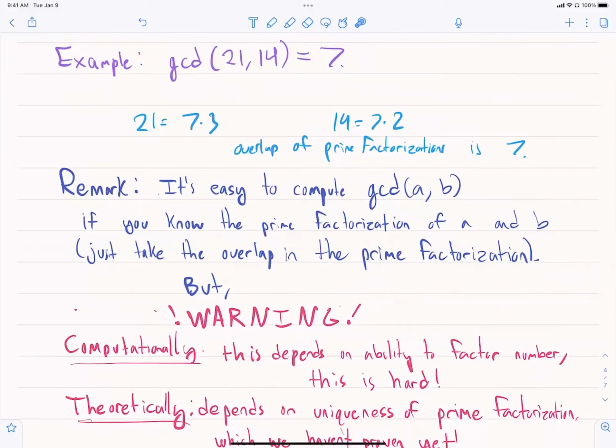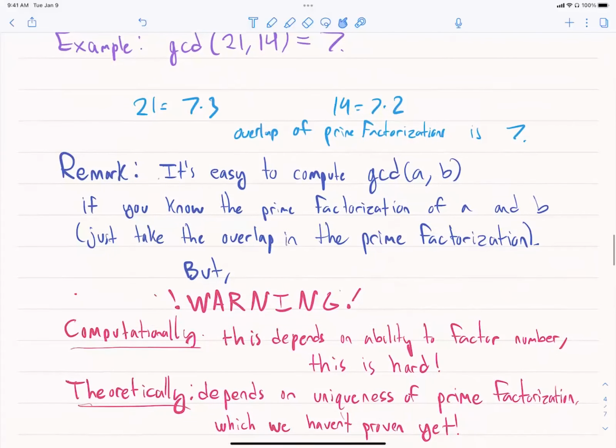So that's a good thought exercise: think about why you need uniqueness of prime factorizations for this method to work. But for what we're doing right now, we're about to use GCDs to help us prove that prime factorizations are unique. So we definitely don't want to think of them as something you get from uniqueness of prime factorization. Okay, so that's the theoretical warning I wanted to make.